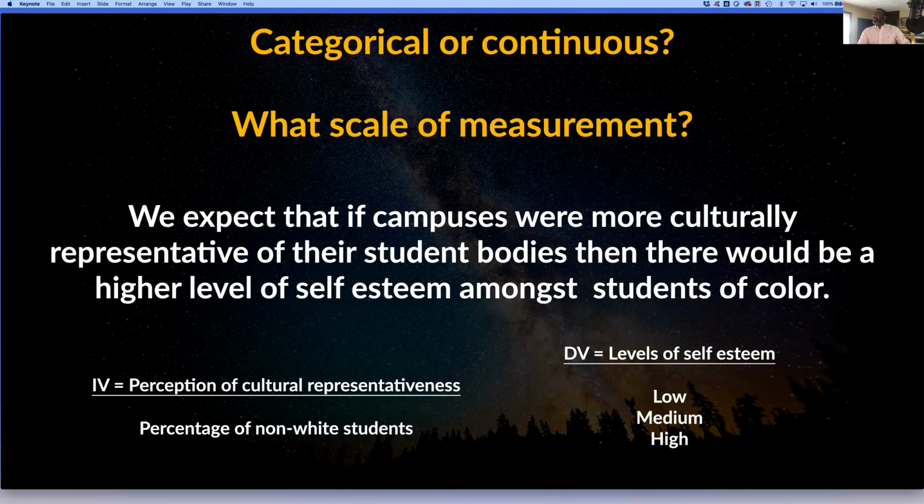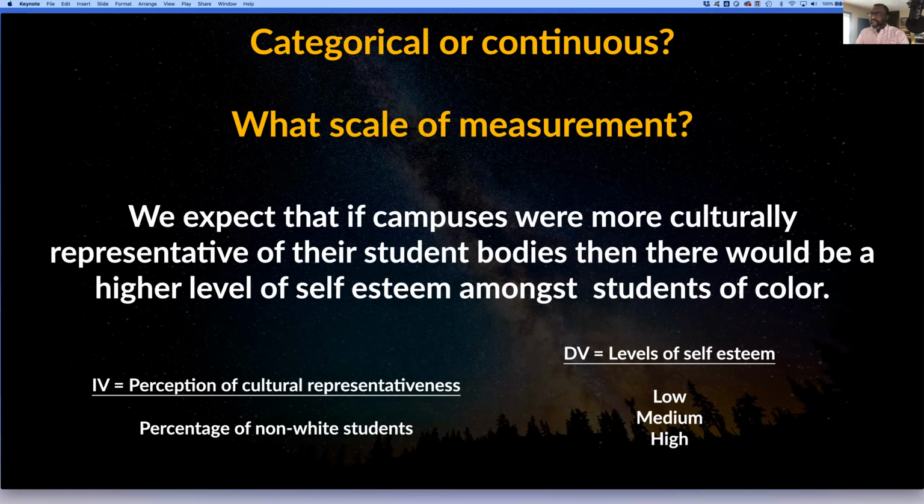We expect that if campuses were more culturally representative of their student bodies, there will be a higher level of self-esteem amongst students of color. I recognize these are a little clunky, but early in the semester I was taking their ideas and turning them into hypotheses. The independent variable here is the perception of cultural representativeness.